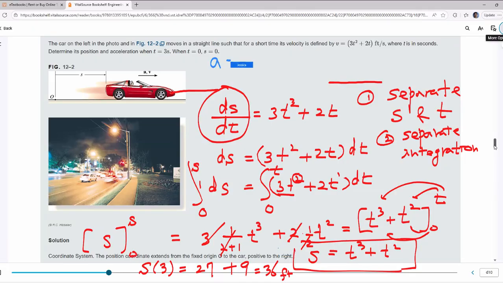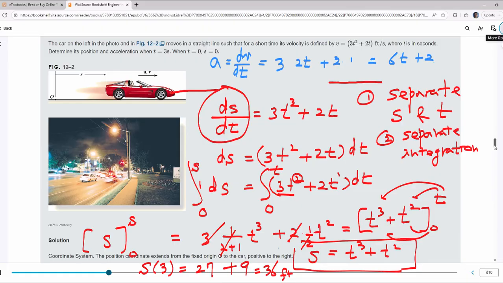Acceleration: velocity is 3t squared plus 2t. 3 times the derivative of t squared, 2t, so 3 and 2t, plus 2 times the derivative of t with respect to t, that is 1. 6t plus 2.